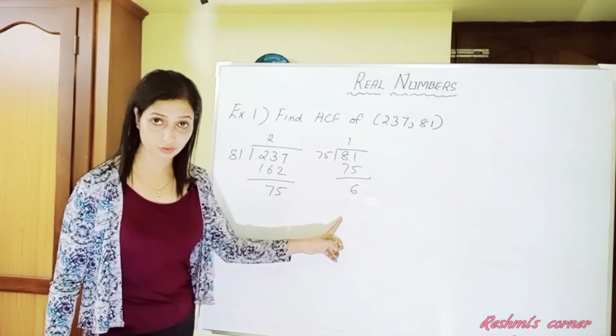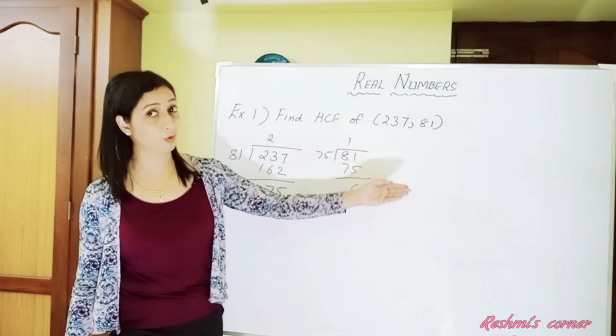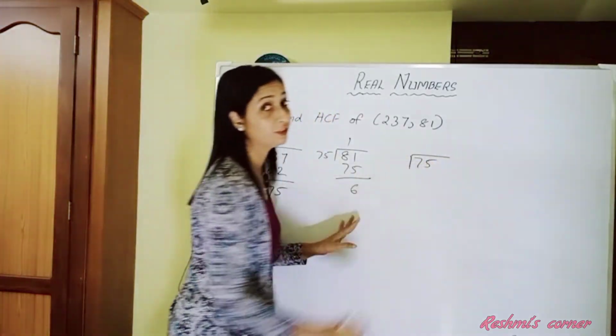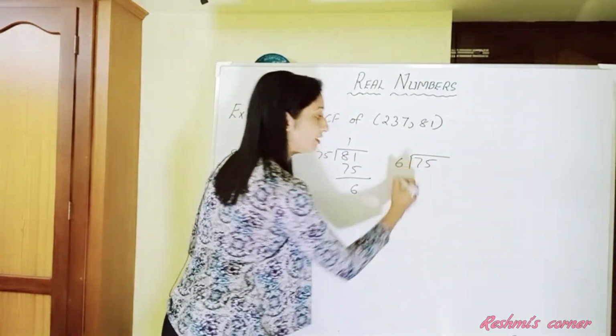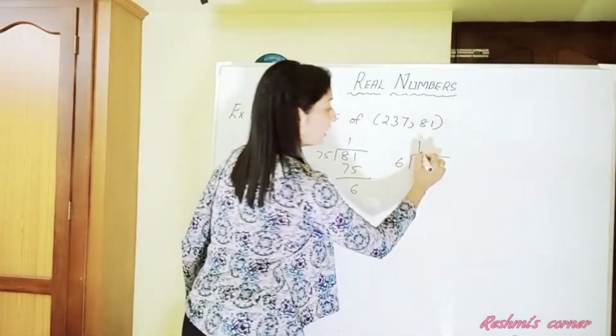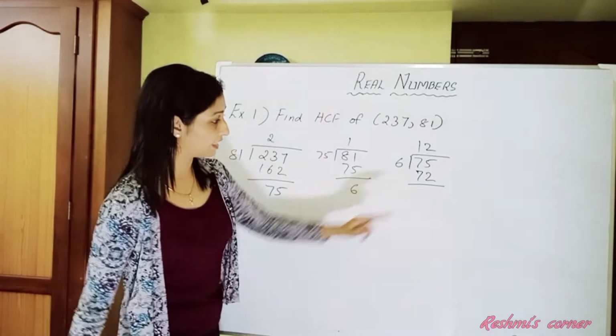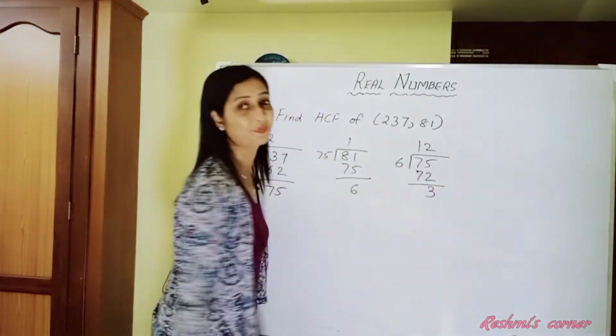Again we haven't got a remainder 0, so we again perform the division. So here 75 becomes our dividend and 6 becomes our divisor. 6 12s are 72 and we get the balance 3.